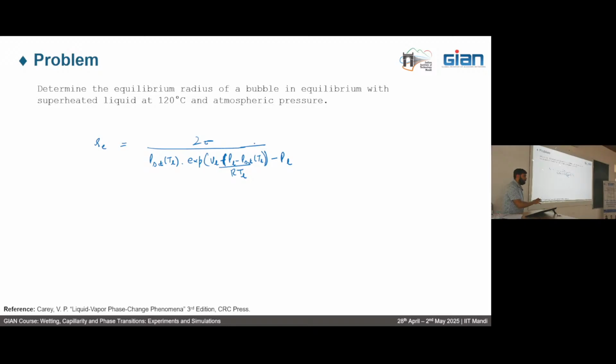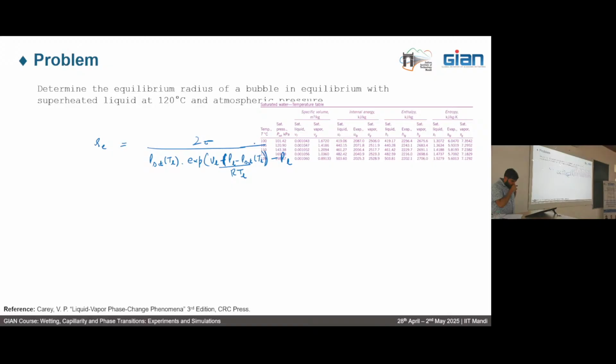Now in this question what we are being asked is to determine the equilibrium radius of a bubble in equilibrium with the superheated liquid. It means it's a metastable liquid at temperature 120 degrees centigrade and atmospheric pressure. So for this we need the properties of the liquid at 120 degrees centigrade that we can get from the steam tables, the saturated water temperature table. From here we can see the saturation pressure, the saturation liquid volume, and all these parameters.